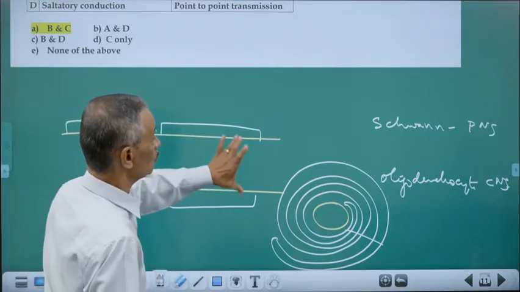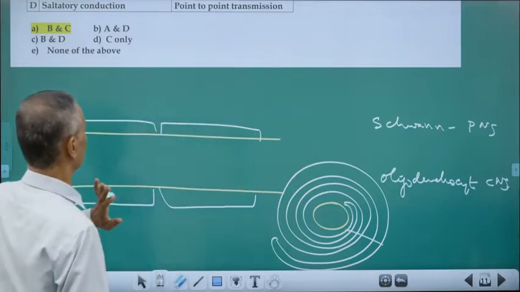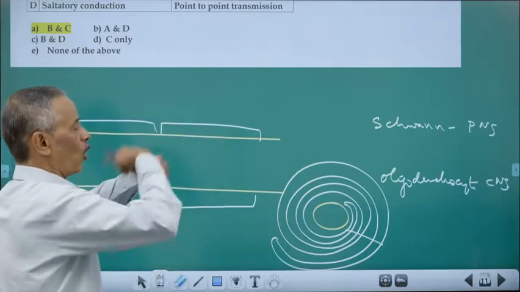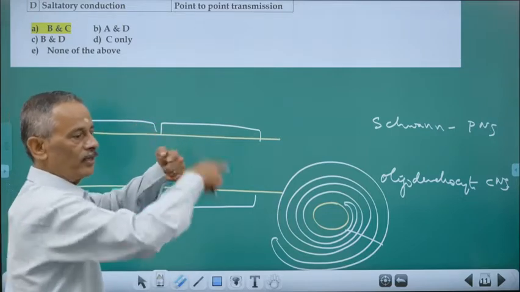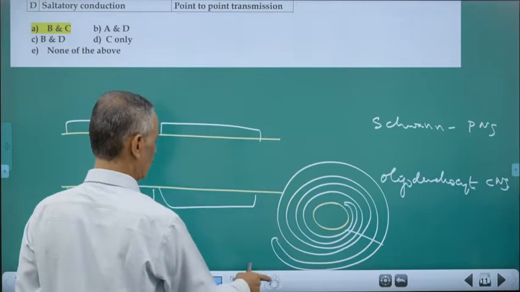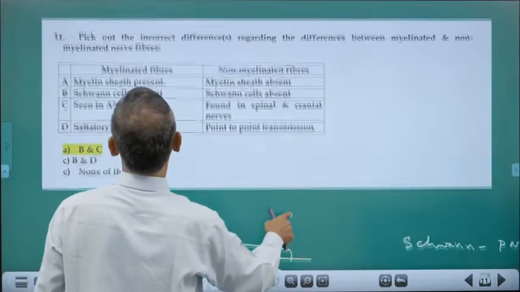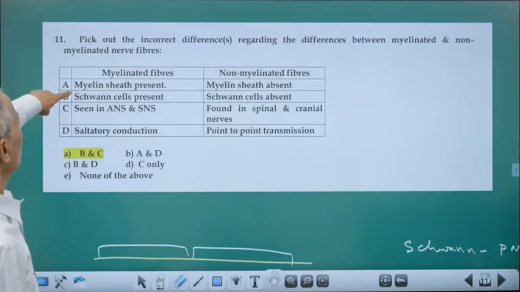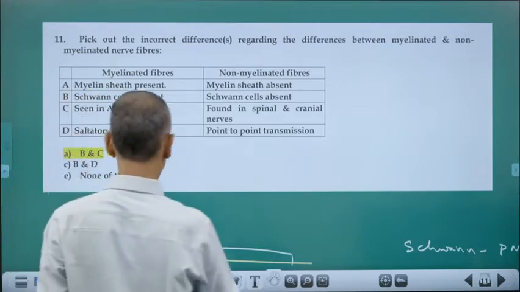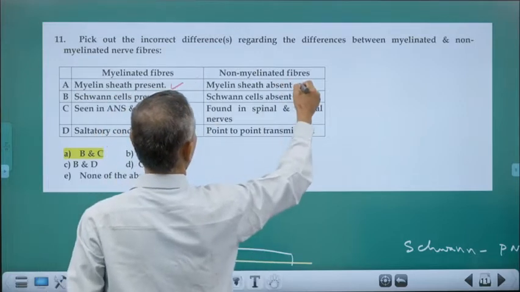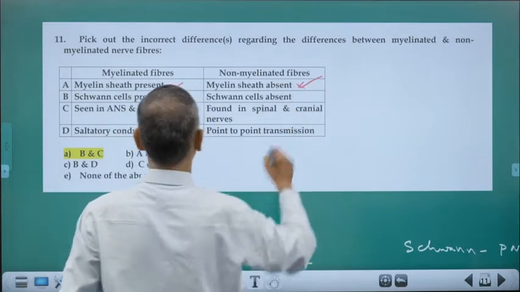Schwann cells are arranged end to end, one after another. And sometimes they form concentric coiling around the axon, so that it forms a thick insulating layer. In myelinated, the myelin sheath is present. That is the reason why it is called myelinated. Myelin sheath is absent in non-myelinated. That's the correct statement.